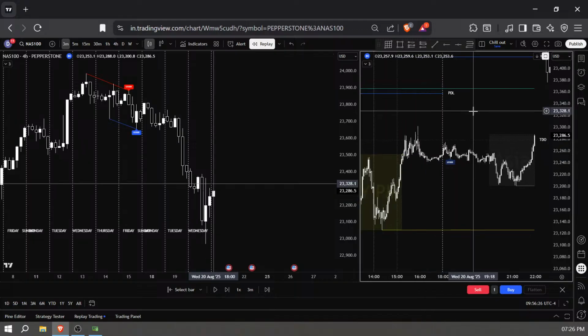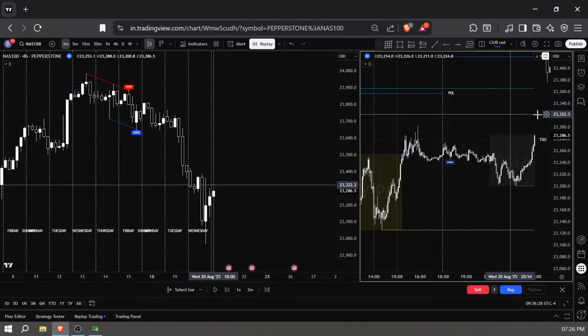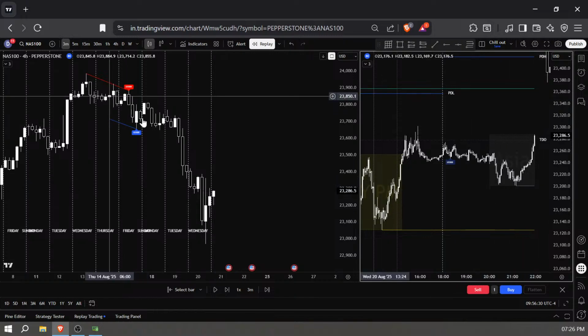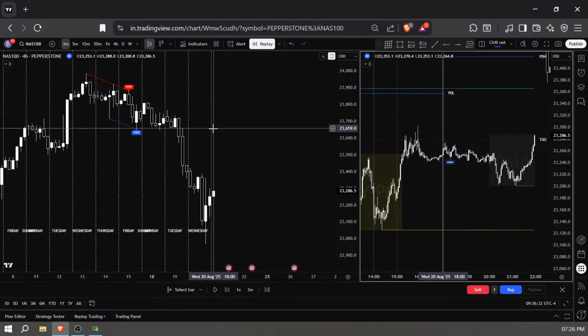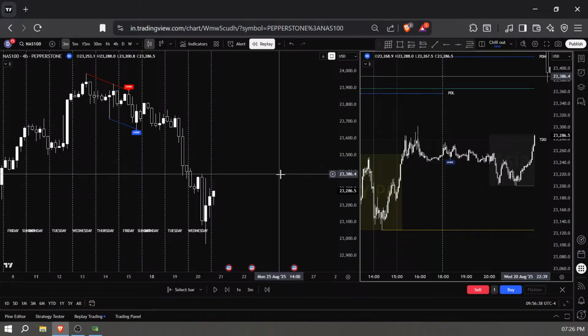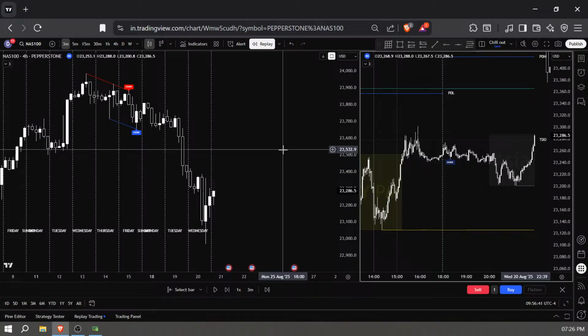So the entry time frame that we are going to use is 3 minutes, and for the reference we are going to have 60 minutes and 240 minutes, which is basically 1 hour and 4 hour PD arrays. So the rules are simple. We are going to focus only on the kill zone sessions.